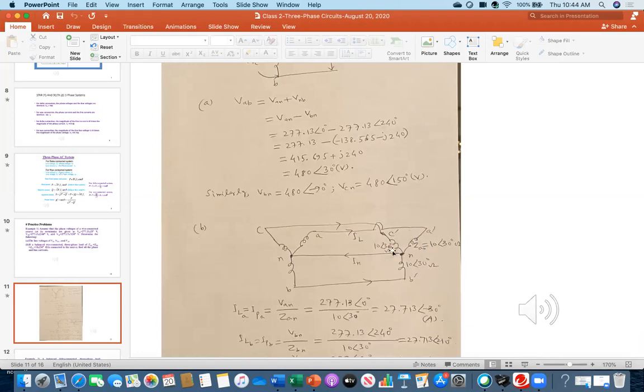That's why you can connect the neutral line. And each phase has impedance Zan, Zbn or Zcn, 10 at an angle of 30 degree. Because the left side is Y and the right side is also Y, with the neutral connected, look at this one, Vn and A prime N. This voltage and this voltage are the same.